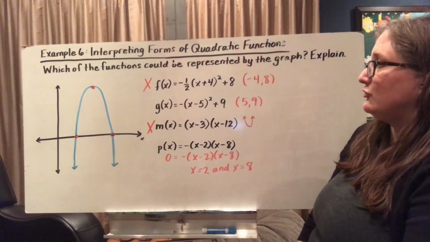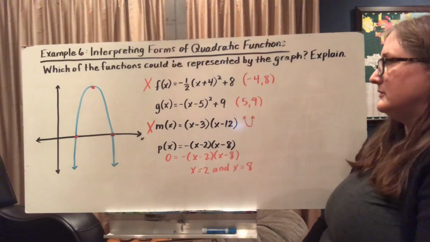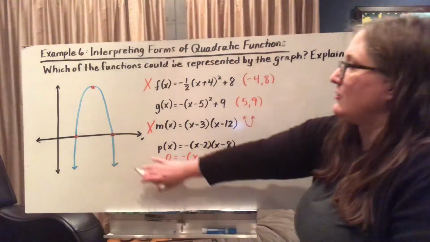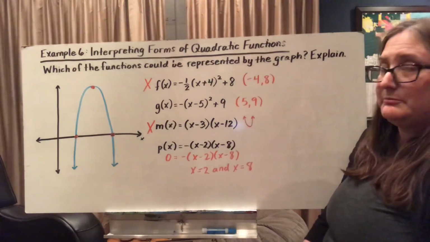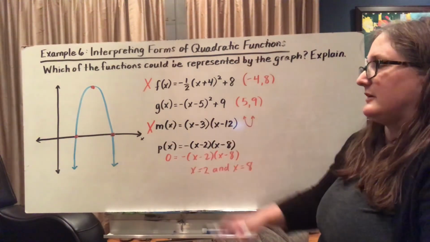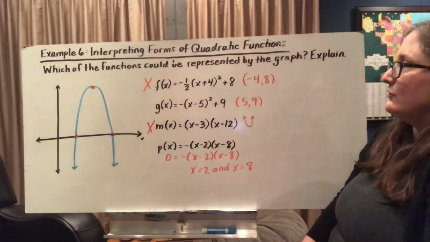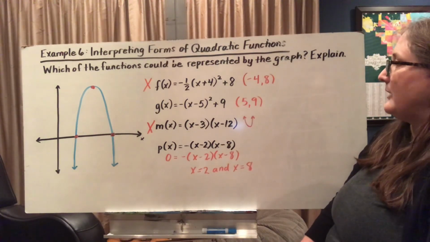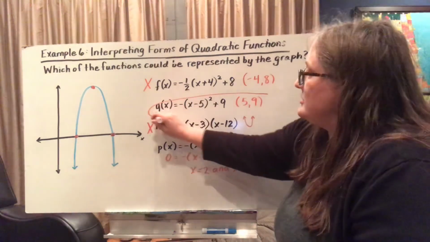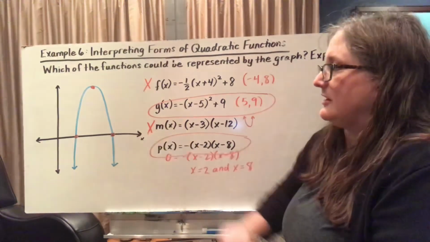So it looks like we have 2 possibilities here for our graph. This g of x could potentially be the equation for this parabola. P of x could potentially be the equation for this parabola. I don't know, but both would work. So I would say either g of x or p of x is the equation for this parabola.